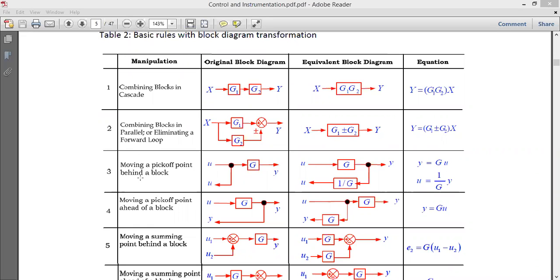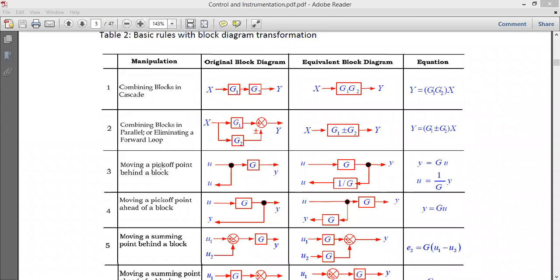Then the third point is moving a pick off point behind the block. Sometimes the wordings are a bit different when you refer to more than one textbook or reference, so the labels are a bit different. Sometimes instead of pick off point they call it take off point.